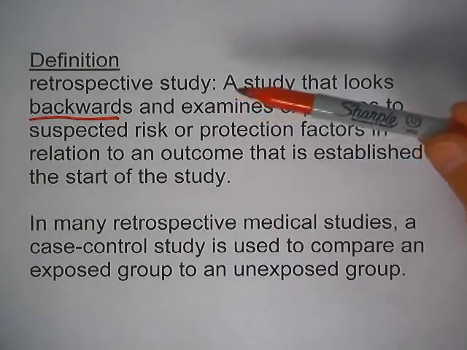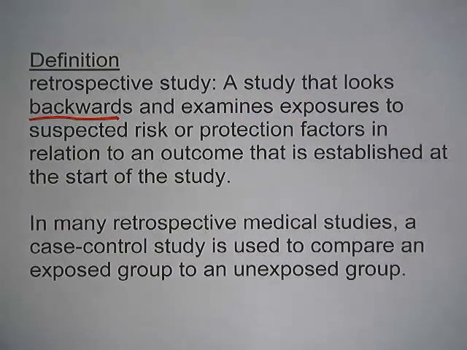A very famous retrospective study was done in the early 1900s involving the link between cigarette smoking and lung cancer. Basically what they did is they looked at two different groups. They took a group of smokers and a group of non-smokers, and from each sample determined the incidence of lung cancer in each of those groups, and they were able to conclude that there was a higher incidence of lung cancer in the smoker group.